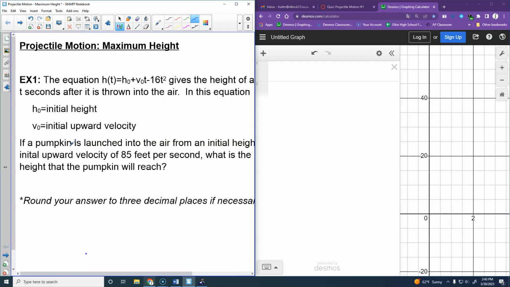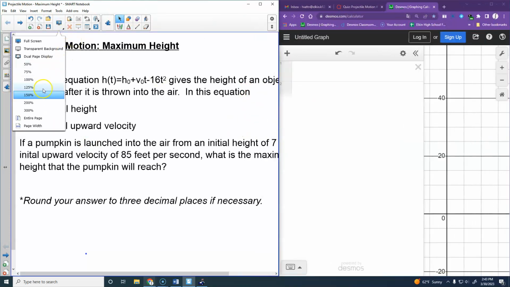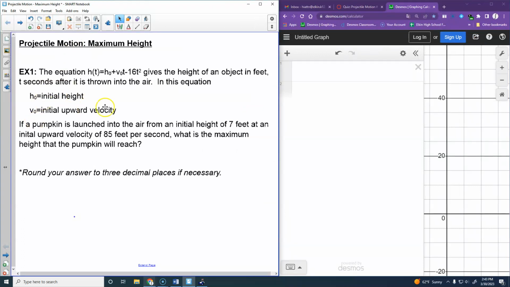If you're going to actually build it, it would probably be a good idea to at least have rough measurements of how you're going to cut the wood and everything for that. So that is due tomorrow. Make sure you've got that for me. The design is due tomorrow, not the catapult itself, but the design.